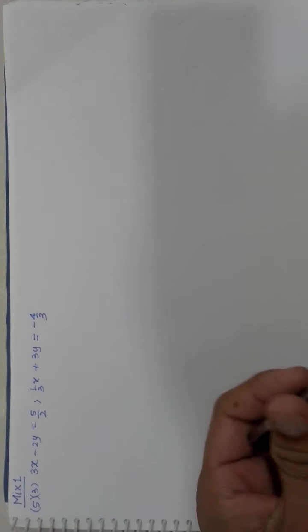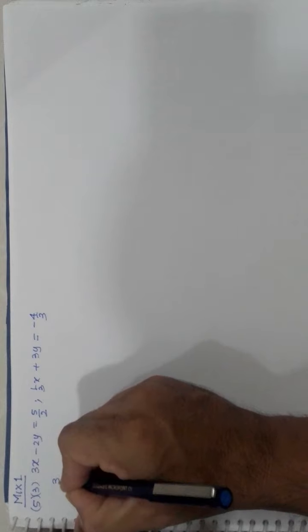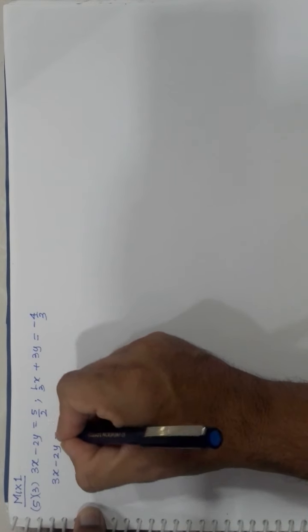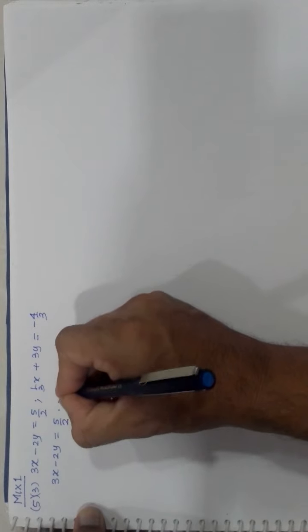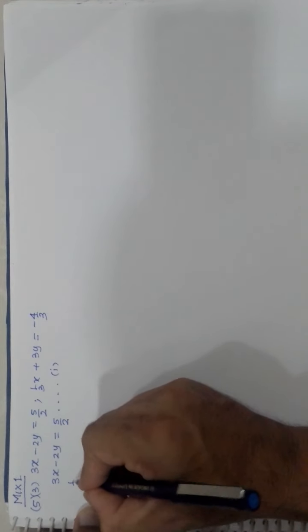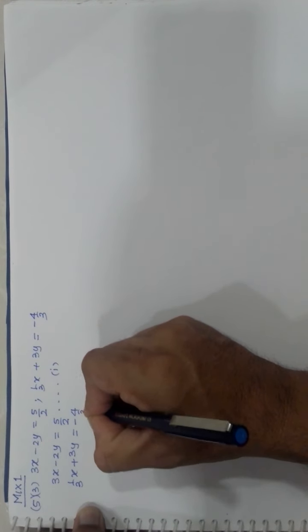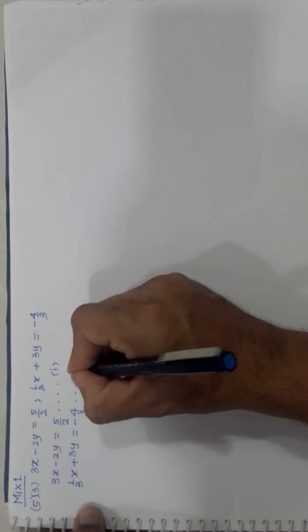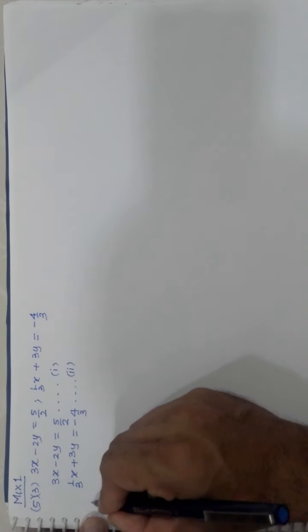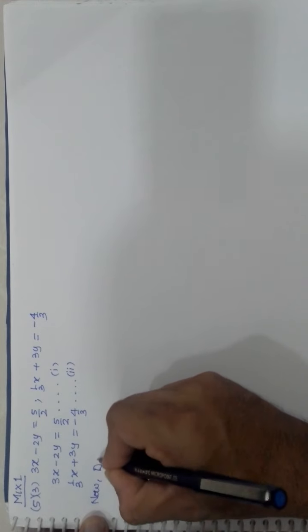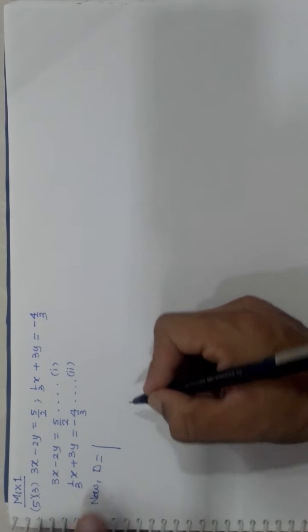So let us solve it first without removing the denominator. Let us understand the first equation I am writing. It is 3x minus 2y is equal to 5 by 2, marking it as 1. Then 1 by 3 x plus 3y is minus 4 by 3, marking it as second. So now I will find D. D is the determinant, in which I will be taking the coefficient of x and the coefficient of y, arranging them in the linear manner as it is given in the equation.